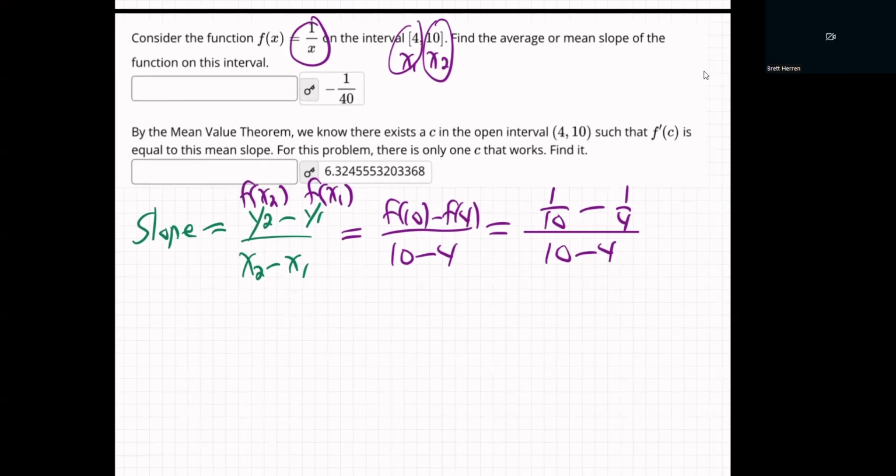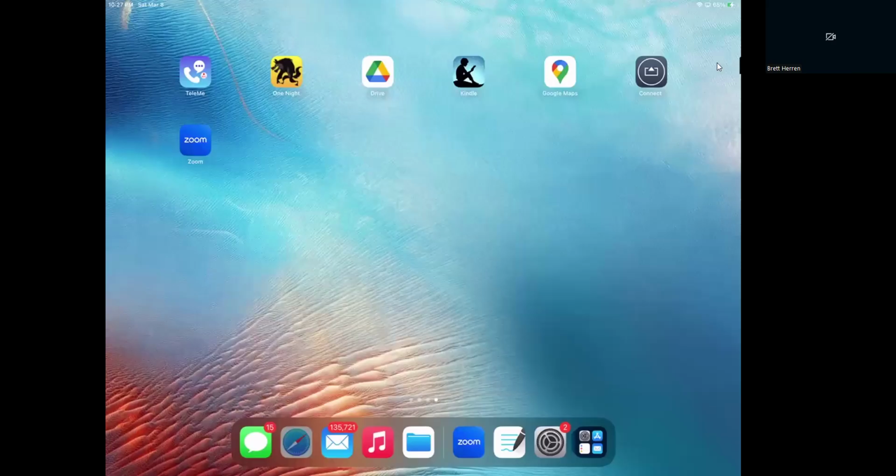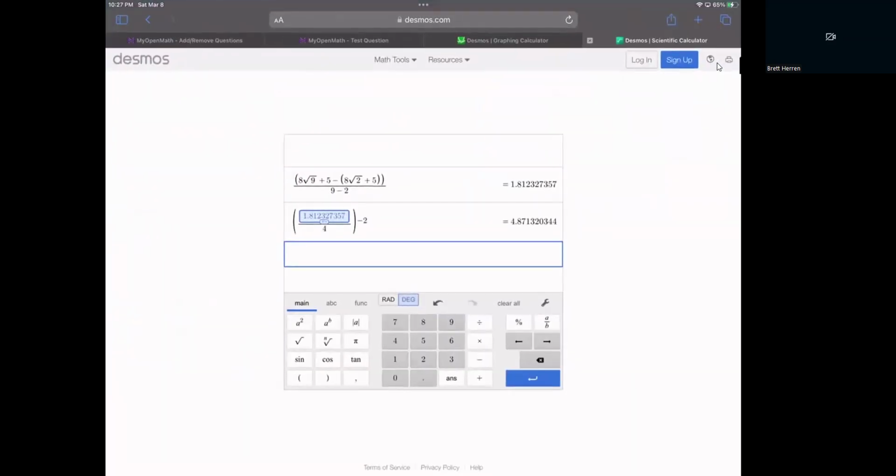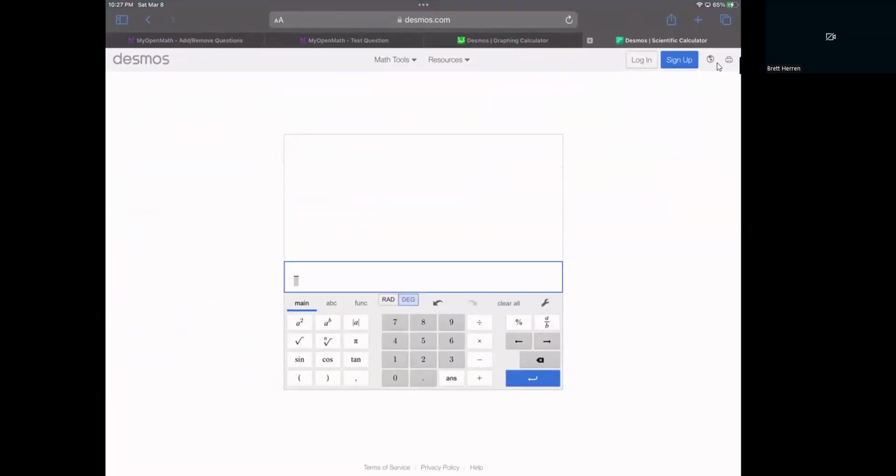You could just hit the buttons on your calculator. 1/10 minus 1/4. Right, it's getting kind of weird here.